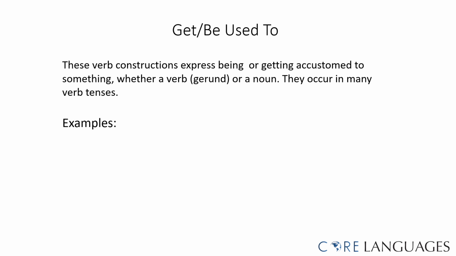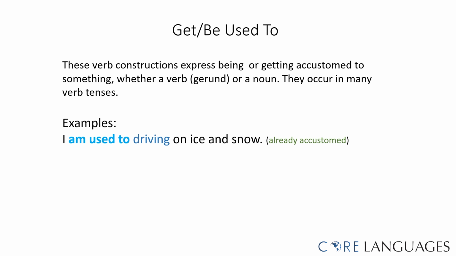For example, I am used to driving on ice and snow. This sentence expresses that I know how to drive on ice and snow. I am already accustomed.